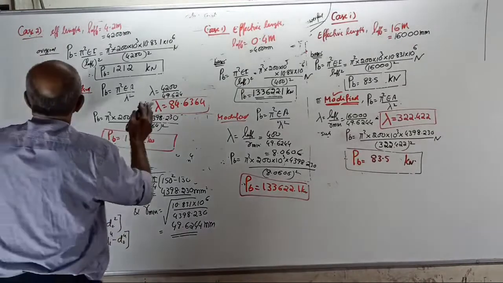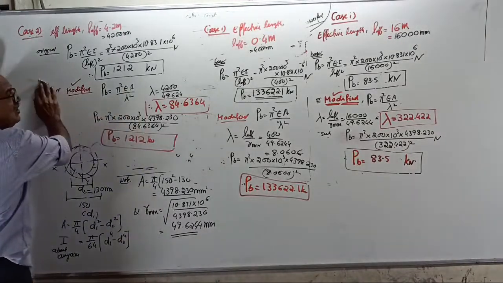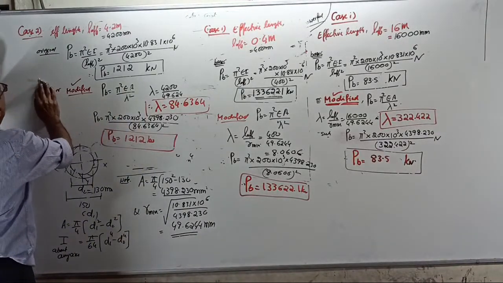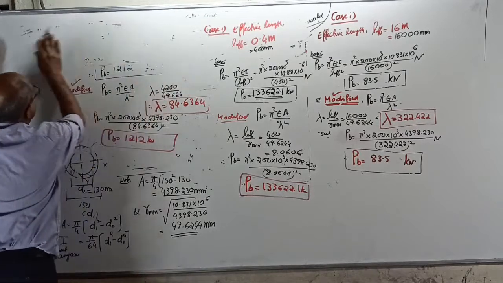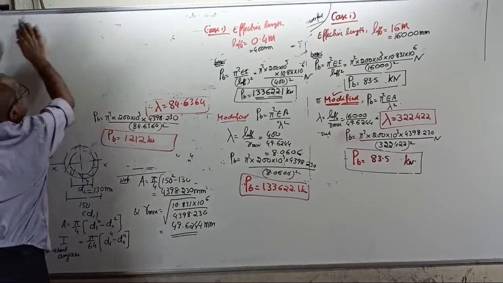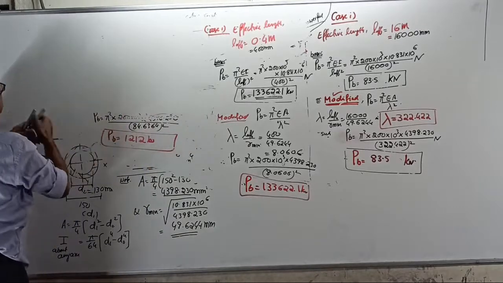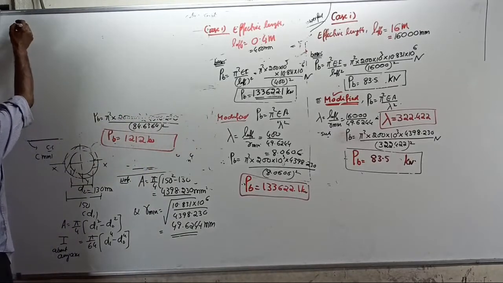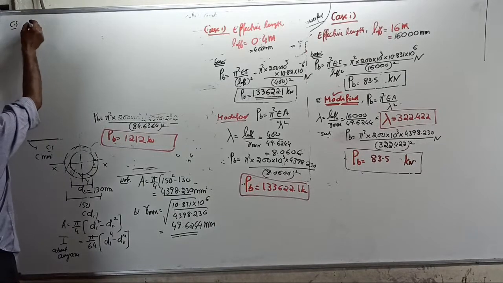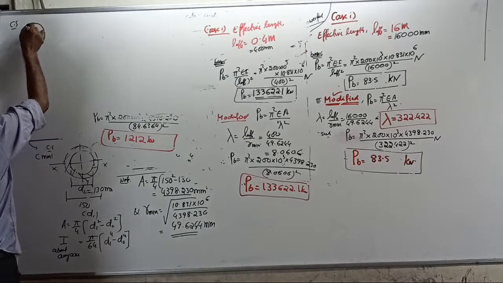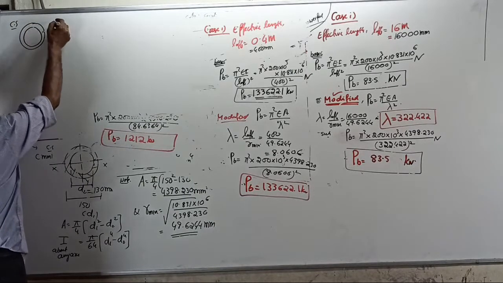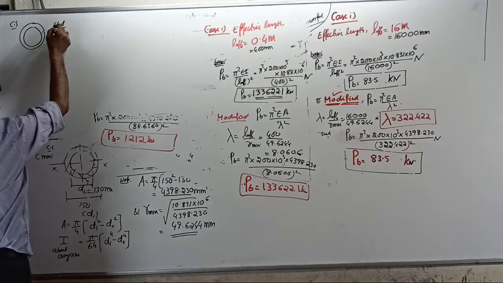I will now write here the result. Very important. I will put it in the corner. Your cross section is a hollow circular section made up of steel. It is steel, you take from me.